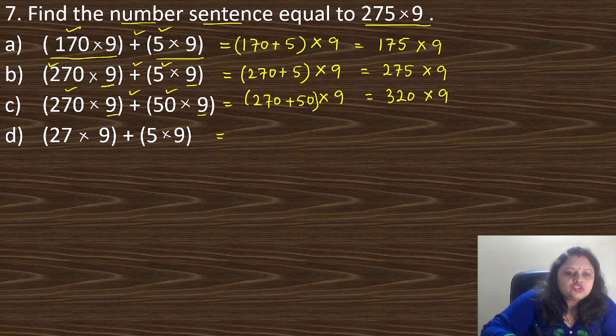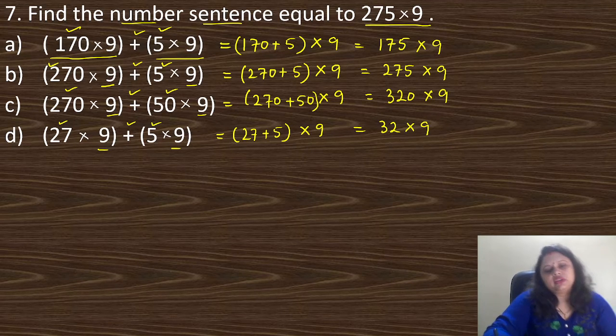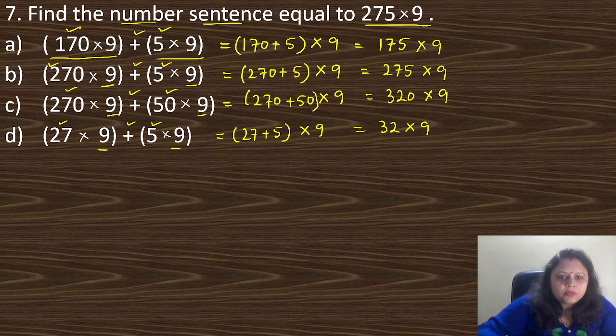Next, here also into 9 is present, we can take it as common, and apart from into 9 here is 27, sign plus, here left with 5, that is equal to 32 into 9. Got it? So these are the simplifications of the given options.